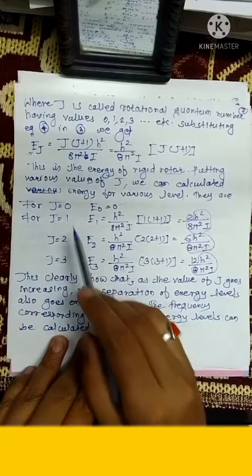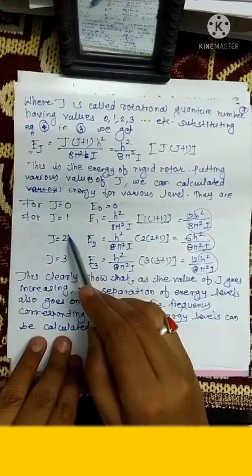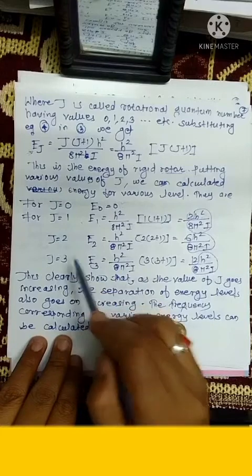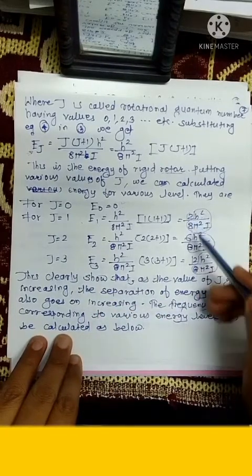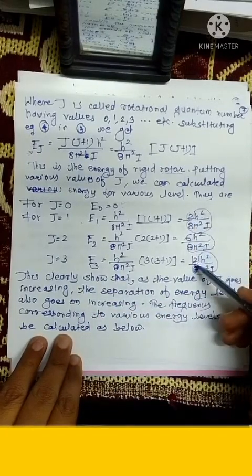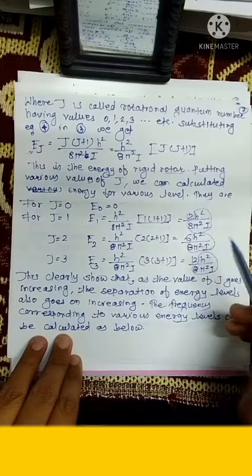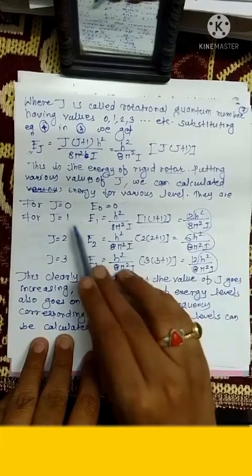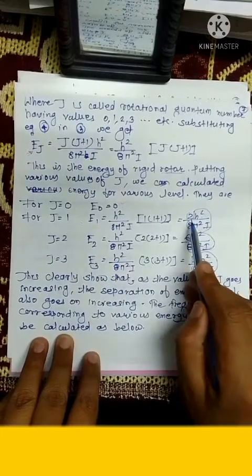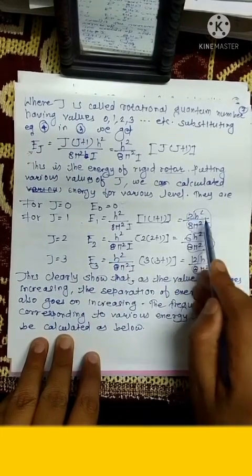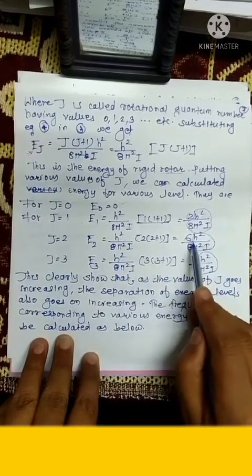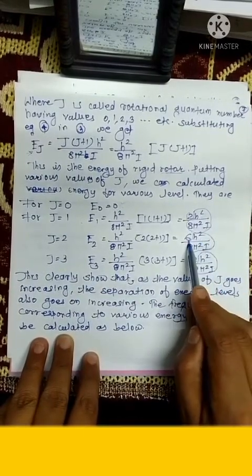So one can say that as the number J increases, energy also increases. Just see, the first energy level value is 2 multiplied by this constant. For the second energy level, this value is multiplied by 6.